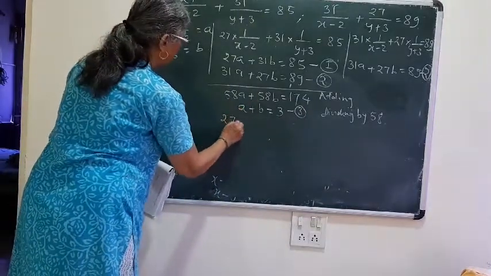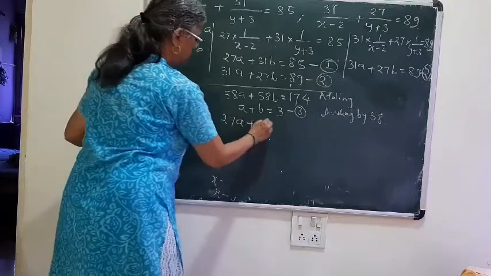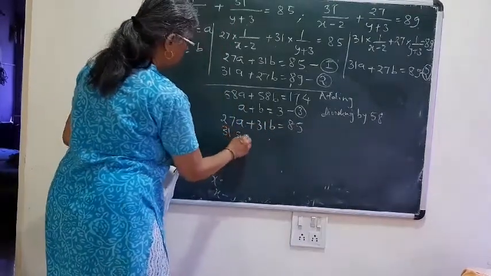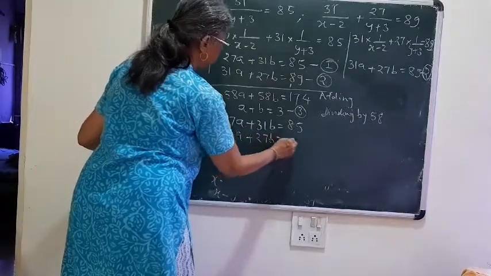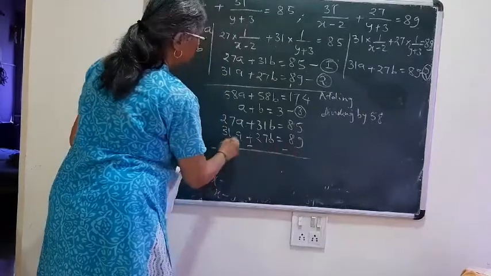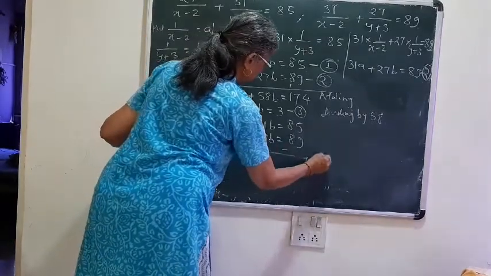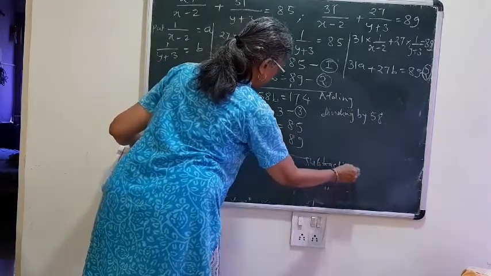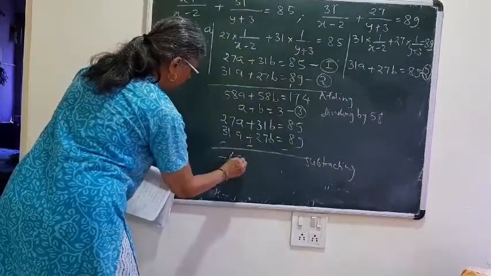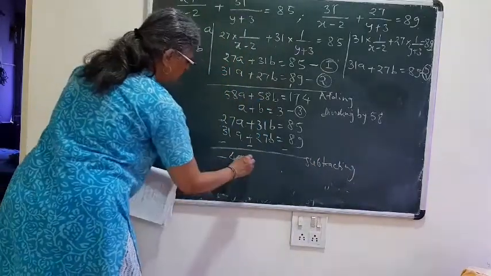So again I will write 27a plus 31b is equal to 85. 31a plus 27b is equal to 89. So you subtract, write subtracting. So here it will become minus 4a plus 4b.